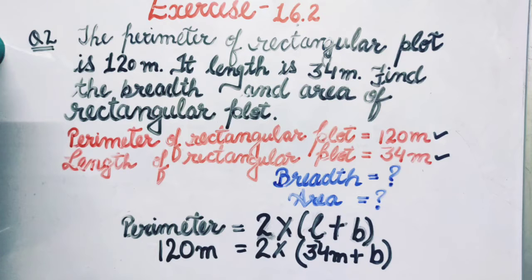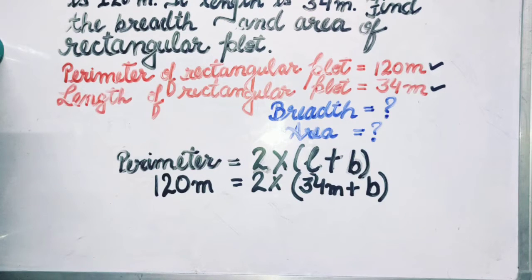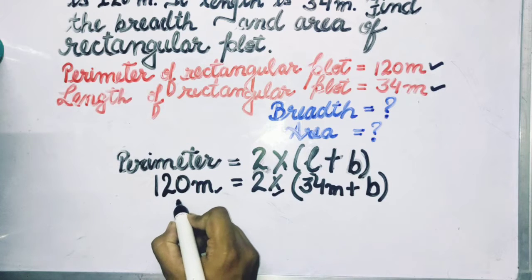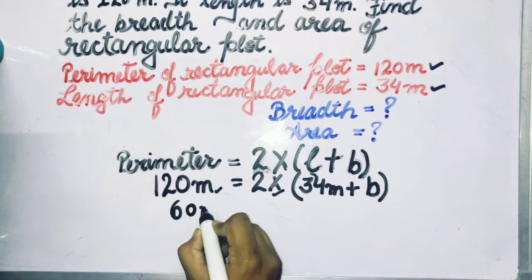Now students, remember one rule: if any number is multiplied on one side, when we shift it to the other side, it will be converted into division. So when we divide 120 by 2, we get the answer 60 meter.